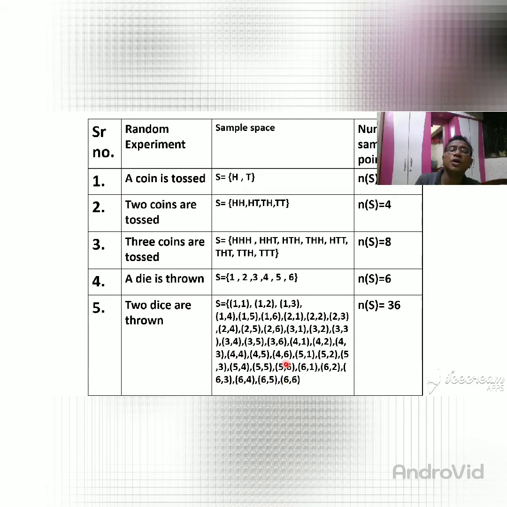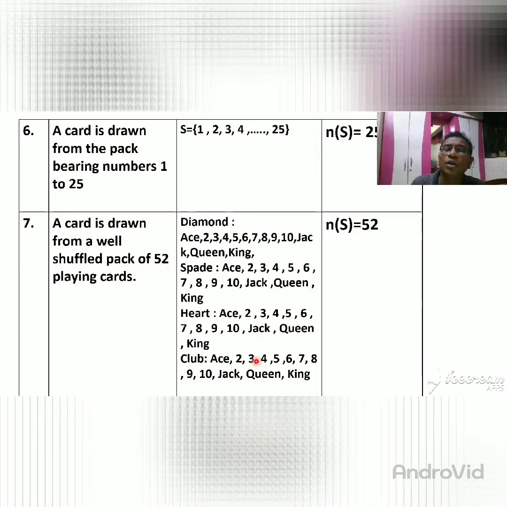If you count these, they are 36. In such a way, when two dice are thrown, you get 36 as the sample space. So the sample space number is 36, and the number of S is equal to 36.